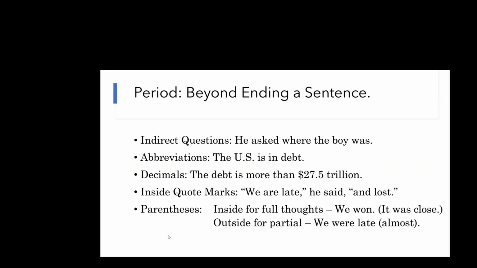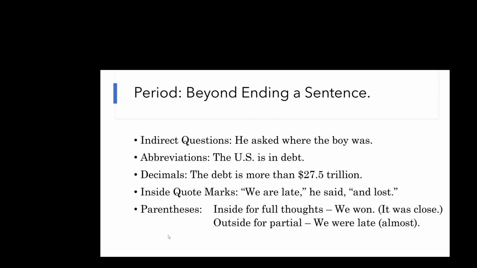If you're going to have parentheses, which are kind of an aside in your sentence, and you have a full thought, you put the period inside the parentheses. So: we won, period, comma, it was close, period, close parentheses. Because it was close, full sentence, full thought, the period goes inside the parentheses.